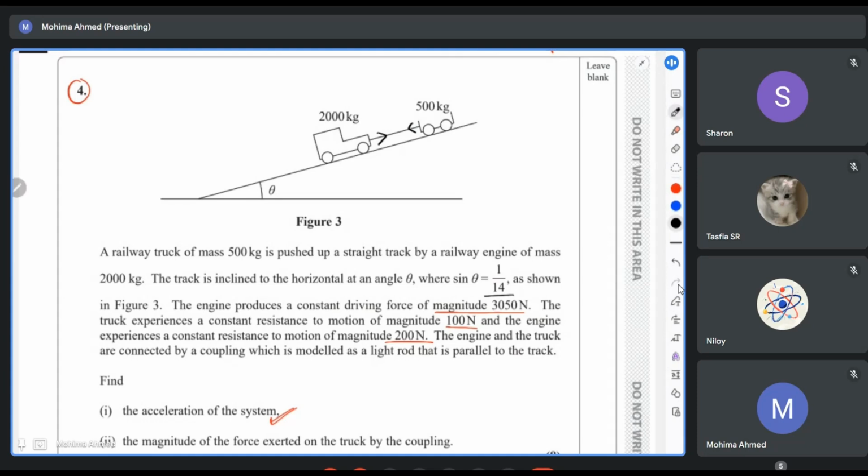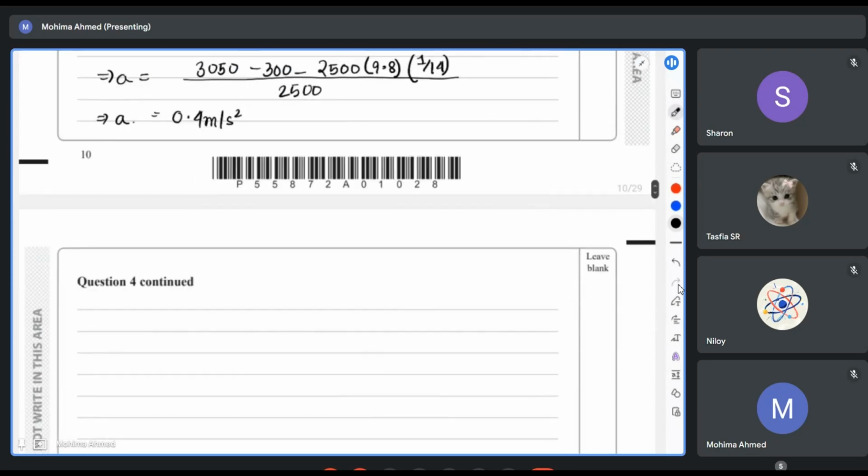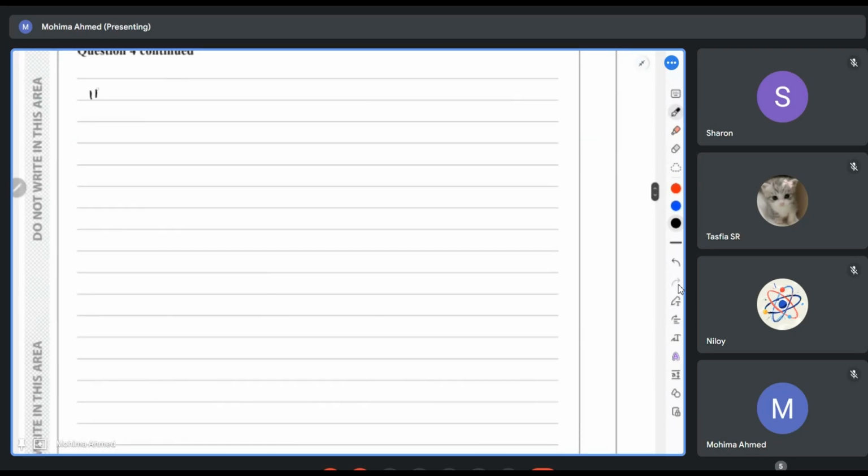So for this truck, you have this forward part. Now if I have to draw the force distribution for the truck only for part 2, the entire situation would look a little different. I'm not going to focus on the engine, I'm going to focus on the truck. So this is vertically downward.